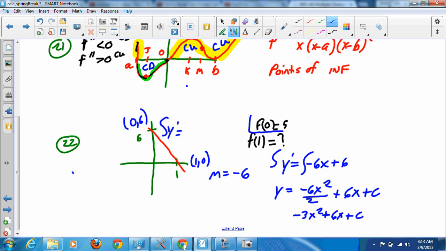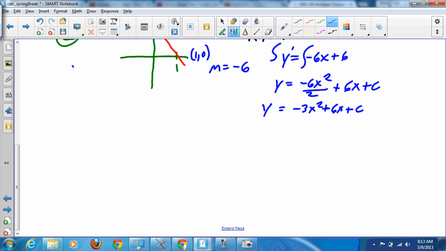And then you go back up to the original statement, and they give us that when x is 0, y is 5. So we just plug in these values here. 5 equals negative 3 times 0 squared plus 6 times 0 plus the constant, and we see the constant is equal to 5.